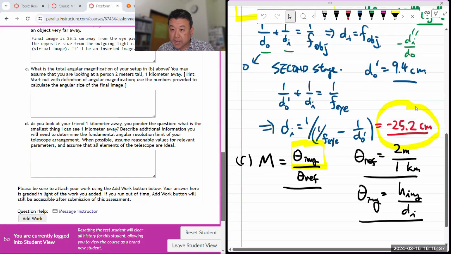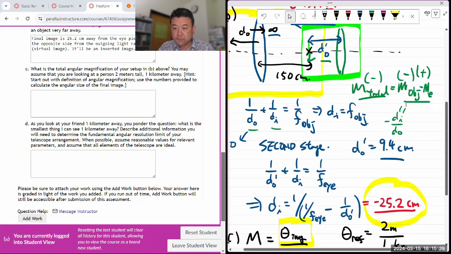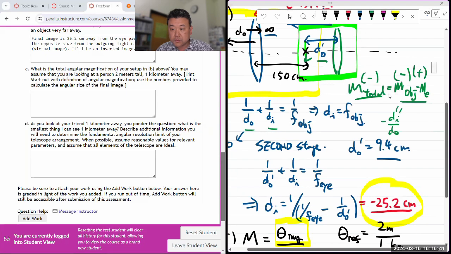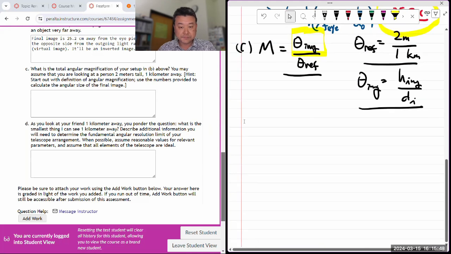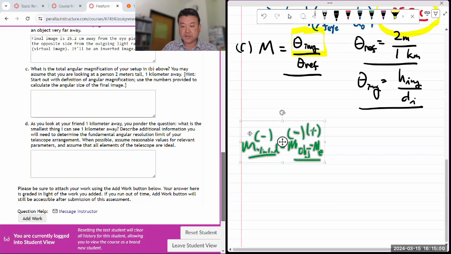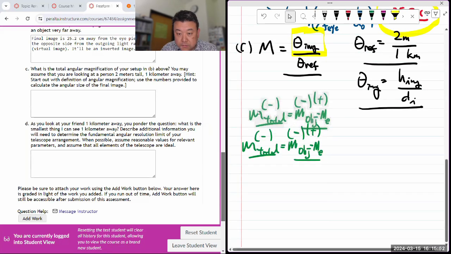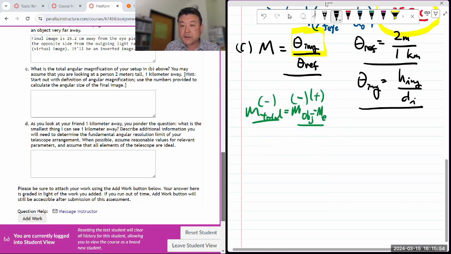So let me copy and paste this expression that I was writing. To figure out the image height, you need a linear magnification. So let's start there. Your linear magnification was that.